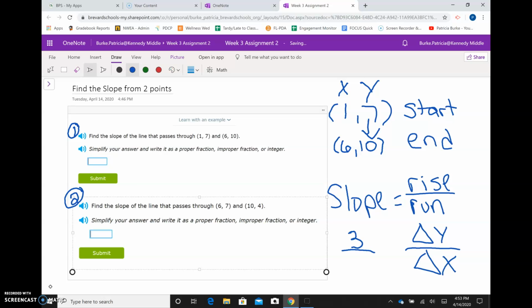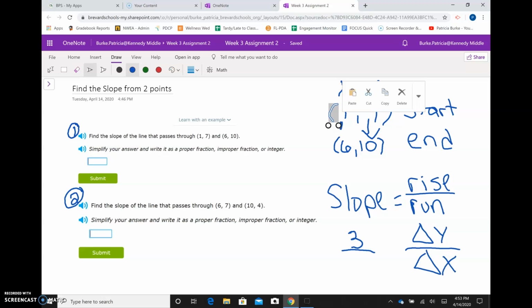And our change in x. Well, if we start at 1 and we go to 6, what kind of change did we make? You would have to add 5 to get to 6.